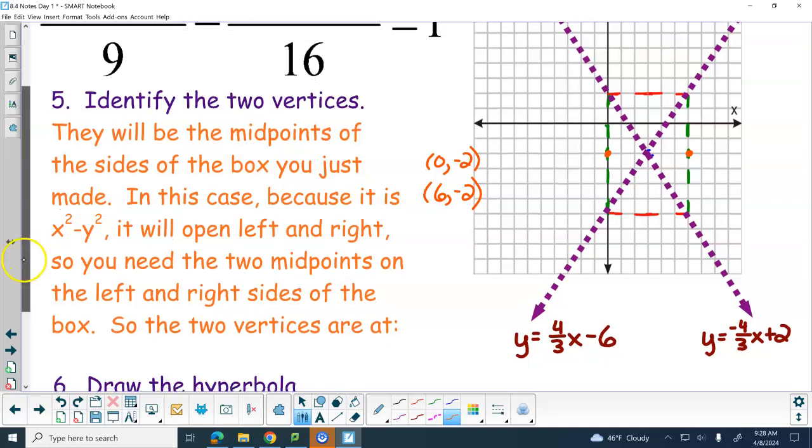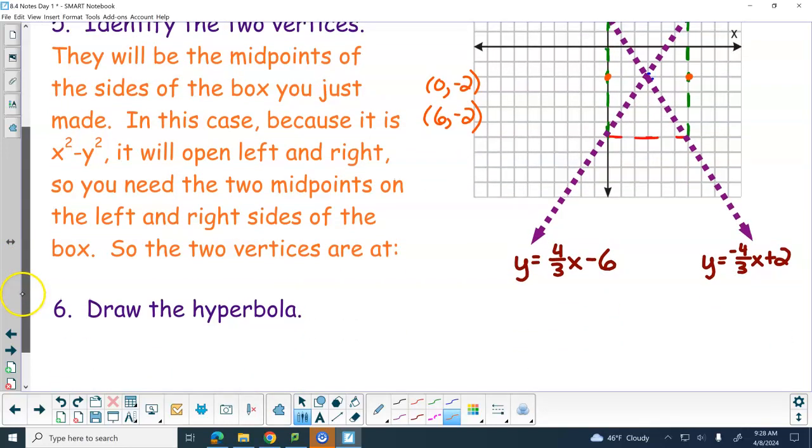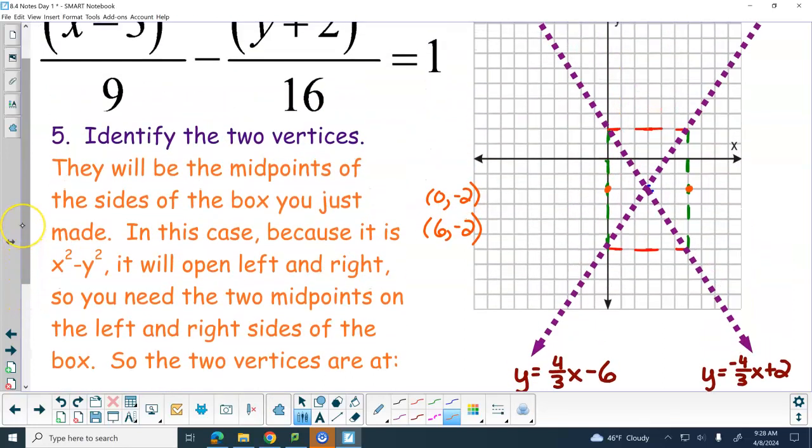Now, step 6 says we can draw in our hyperbola. And so we draw it in by just doing this. And it ends along the asymptotes on both sides.